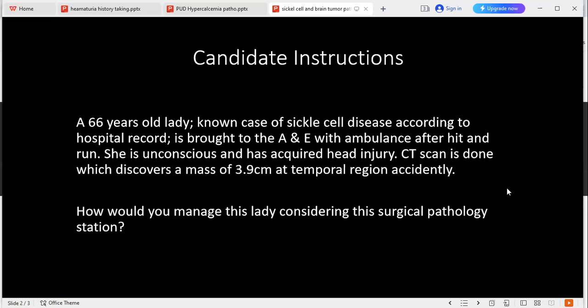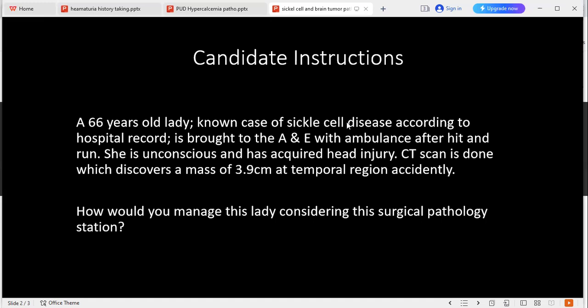Right. Can you tell me, in this condition, all of a sudden, your patient has arrived because of a road traffic accident, and now there is a new discovery of a 3.9 centimeter temporal region mass. So what is the surgical significance of knowing the mass is associated with sickle cell condition?